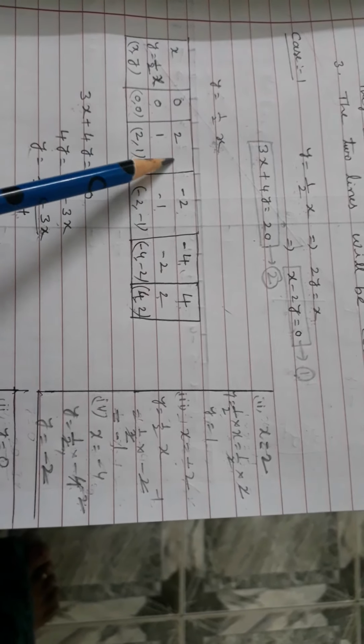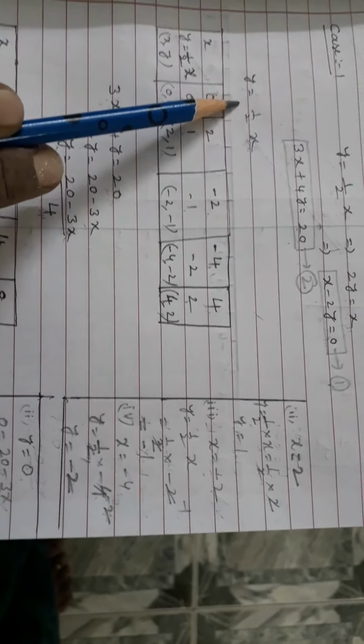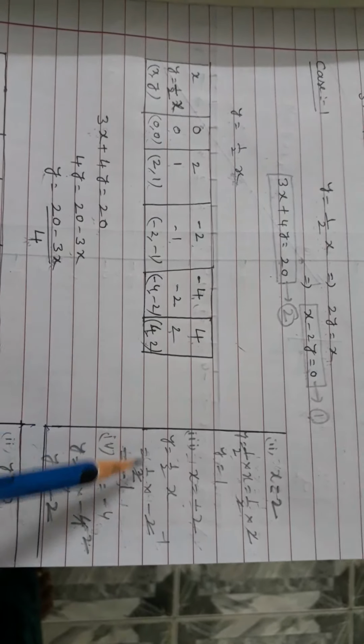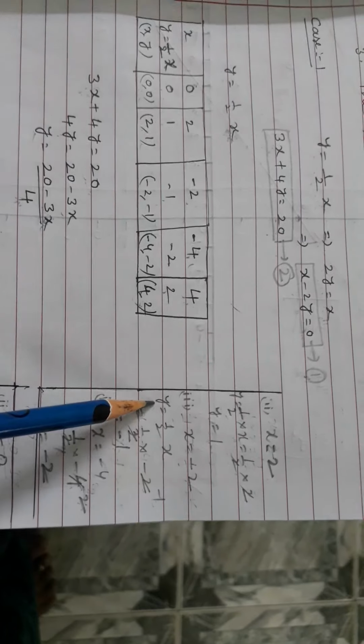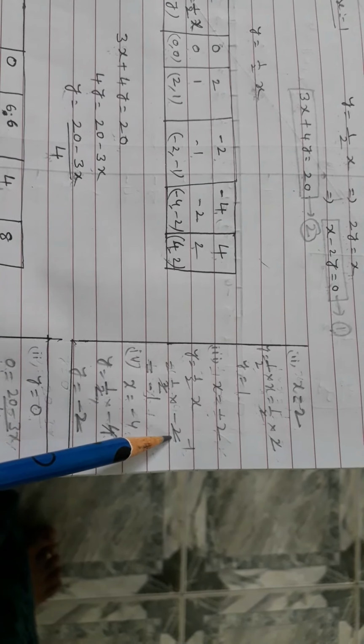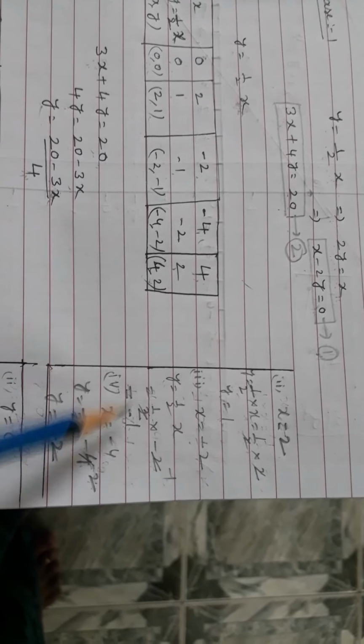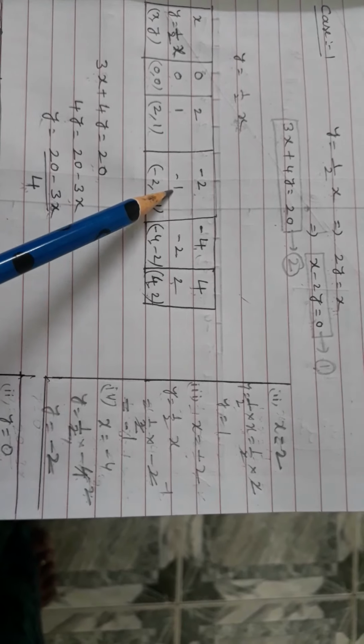Then what is the ordered pair? 2 comma 1. Next, put x is equal to minus 2 in the equation. Then y is equal to 1 by 2 into minus 2, the 2s cancel, so y is minus 1. Minus 2 comma minus 1.